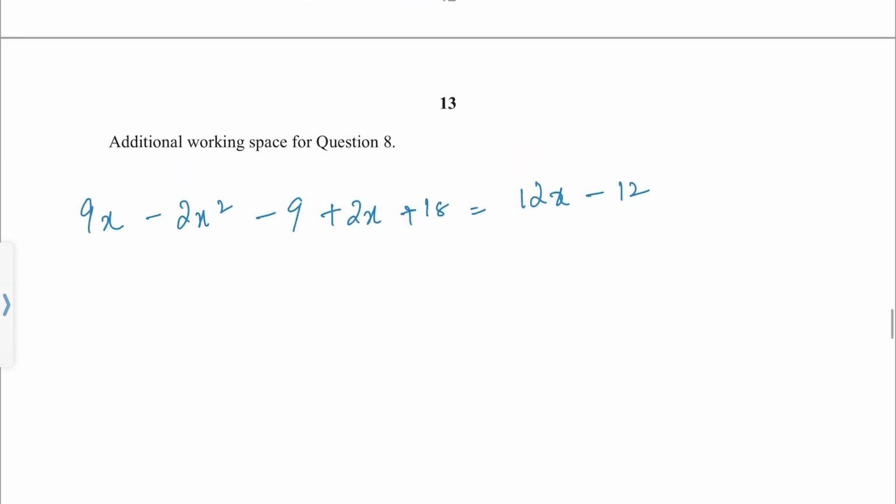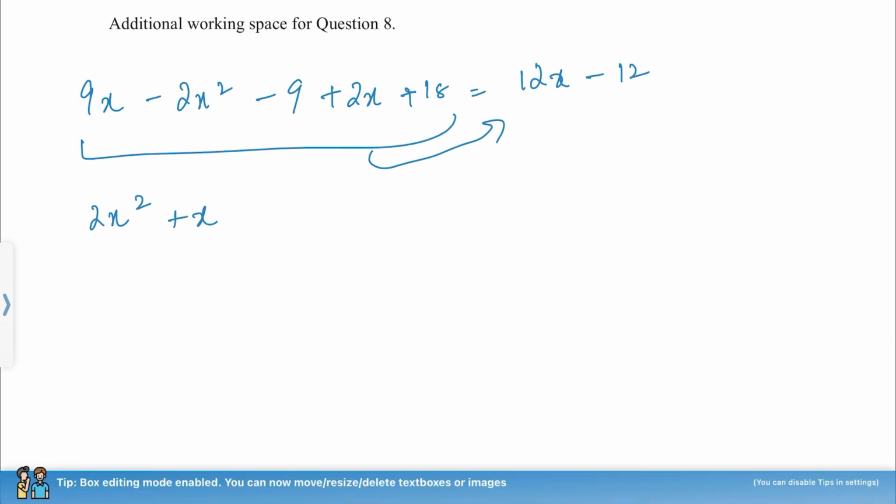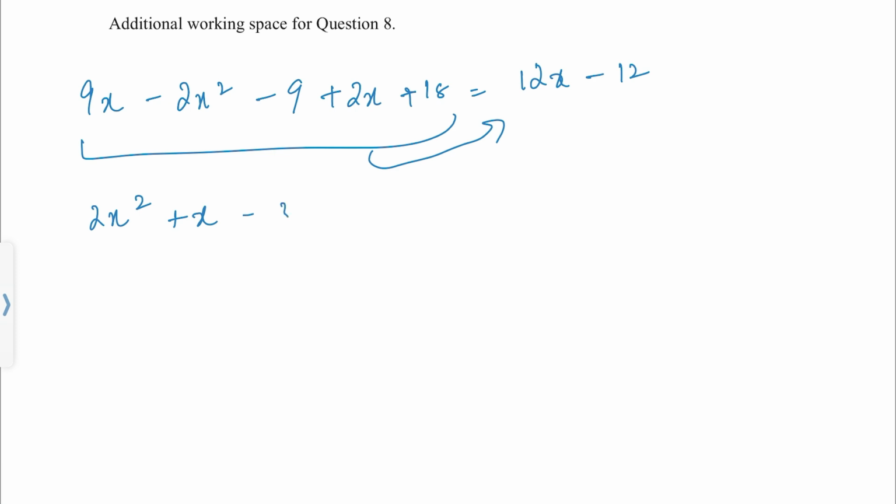Now let's move all the things on one side. This whole thing would be moved there. We'll be getting 2x square. Then 12x subtracted by 11x would be simple x. And for the next part, we'll be getting 18 minus 18 minus 12 is minus 30, I guess.